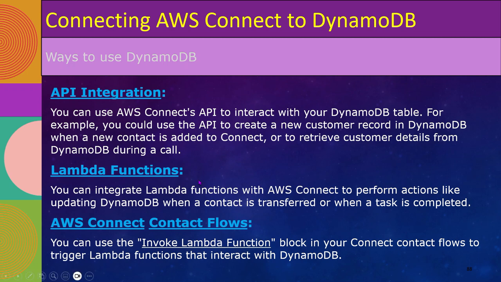With Lambda functions, you could integrate Lambda functions with AWS Connect to perform actions like updating DynamoDB when a contact is transferred or when a task is completed. Now, this is relatively simple, but it's just like everything else. You gotta do it and test it and make sure everything works.